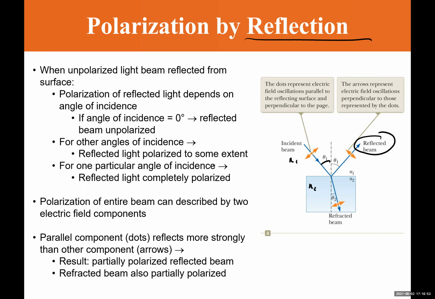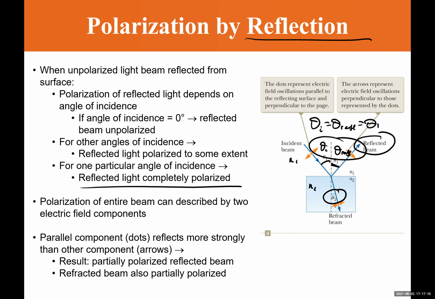There's a partial polarization, we call. And for one particular angle of incidence, the reflected light is completely polarized. Remember, this is theta incident, this is theta reflected, and according to the law of reflection they are the same, equal to theta 1. And this is theta 2, the refracted light.